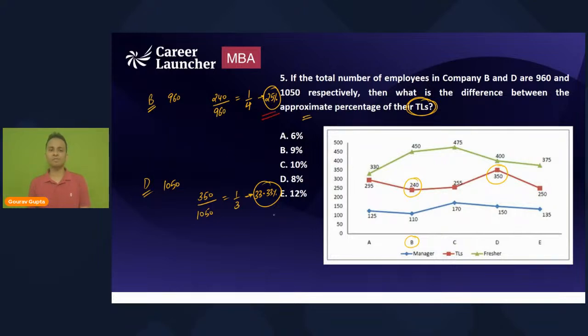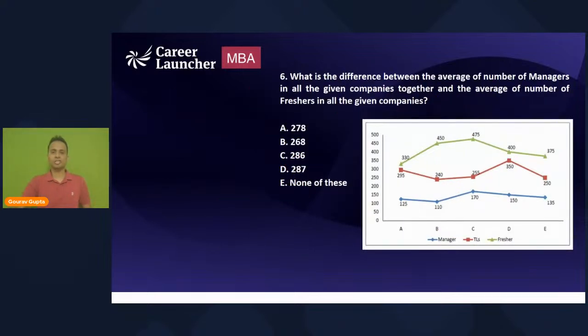So 25% and 33.33%, the difference is 8.33%. So the correct answer should be 8.33. Since I have to mark an approximate answer, whichever option is nearest to 8.33 will become your answer. So the option that you will mark will be option D, question number 5. Next question, question number 6.